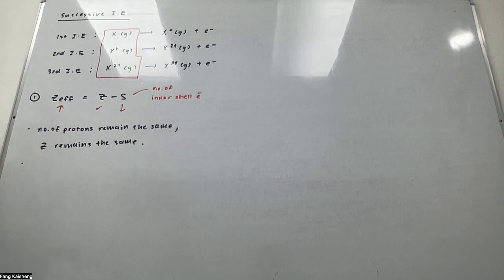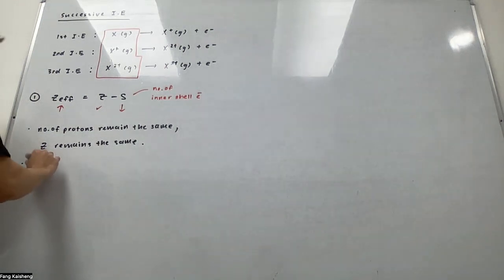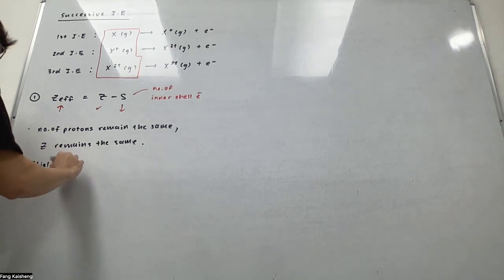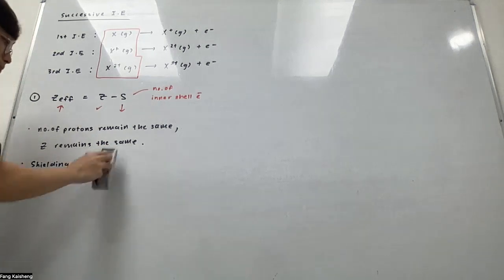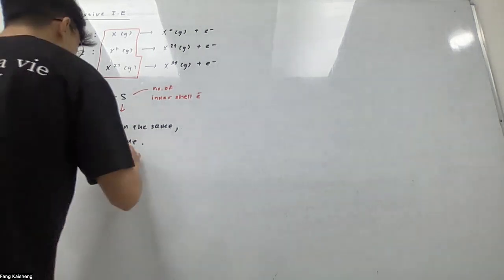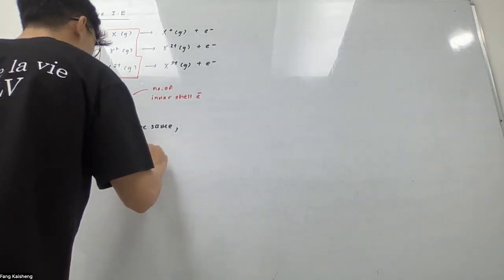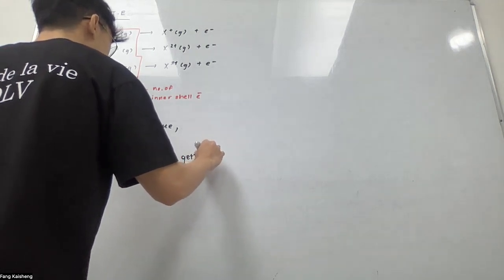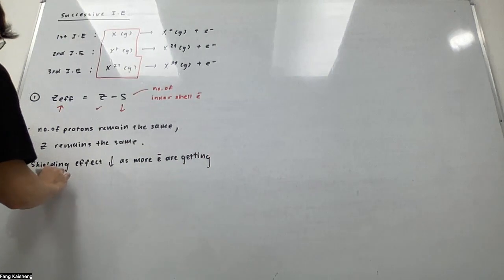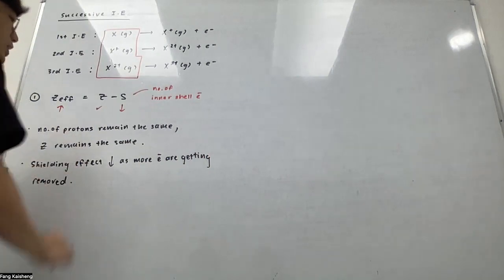Shielding effect decreases. Then you can just very quickly tell me it decreases as more electrons are getting removed. Again, I'm not a fan of this because you remove the outer shell electrons, not the inner shell electrons.